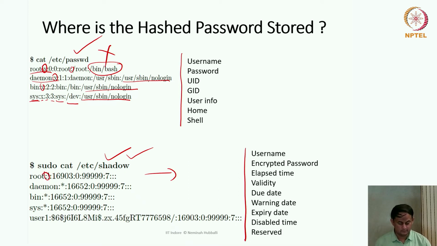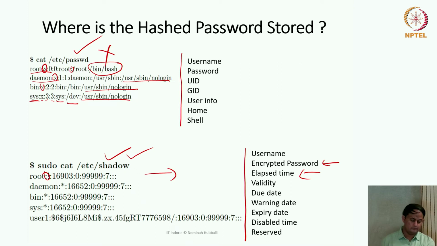The details of what these different columns indicate are here. The first column is the username, the second column is the one actually having the encrypted password. Encrypted password means the hashed password of the user.